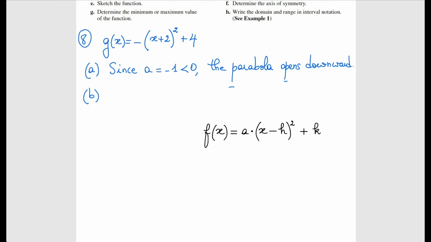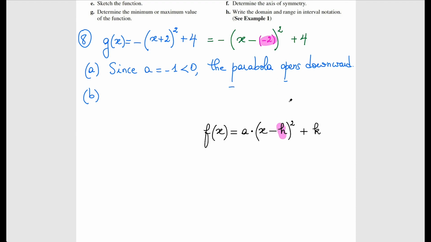Well, to make h visible, let's rewrite this as x minus the -2, squared, plus the 4. Do you agree with this? So now it's visible that this minus and this minus are the same, so this guy is the h.